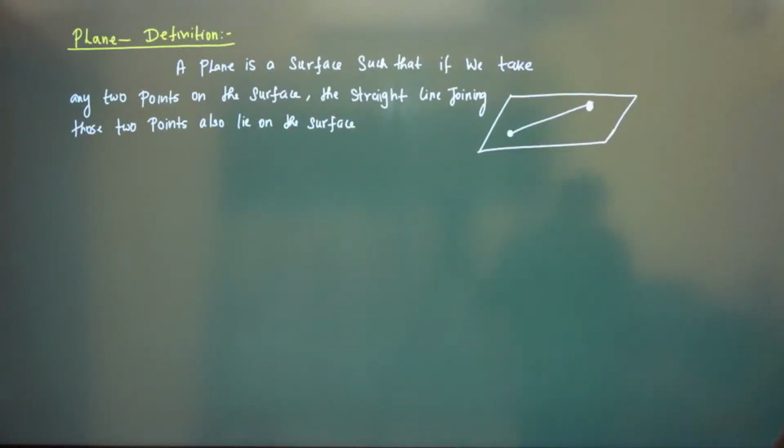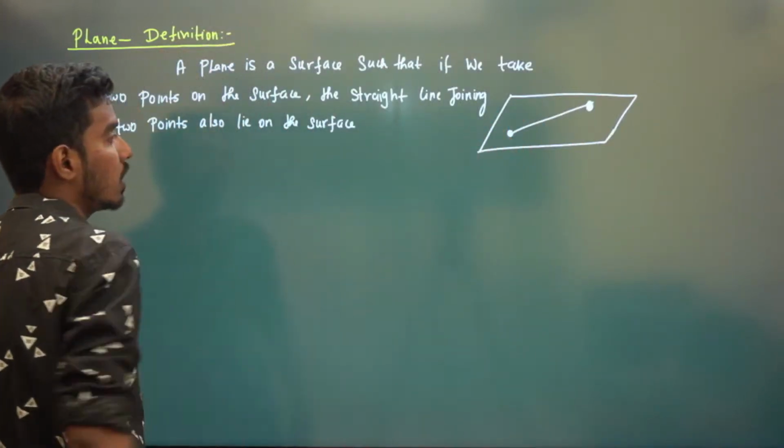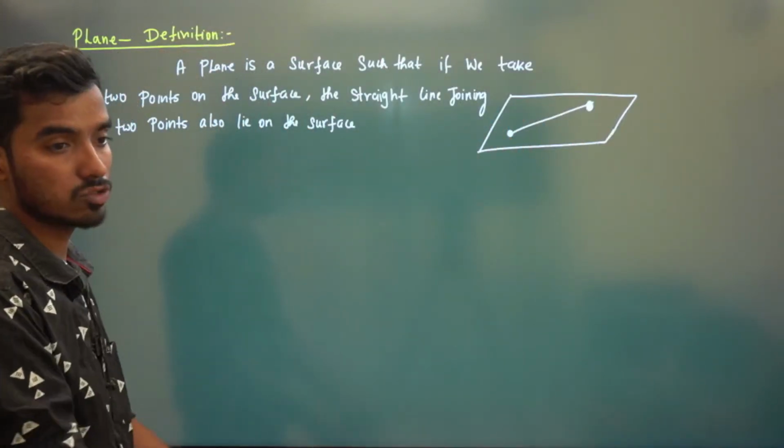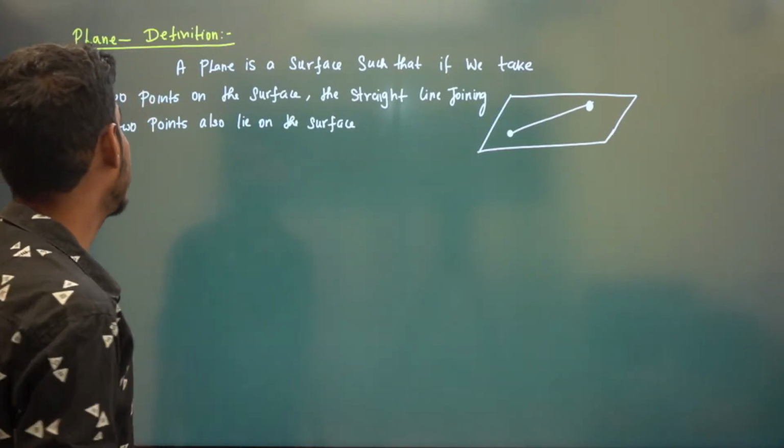Very simple definition. It is a surface such that if we take any 2 points on the surface, the line joining those 2 points also lies on the surface. If this happens, then we say it is a plane.